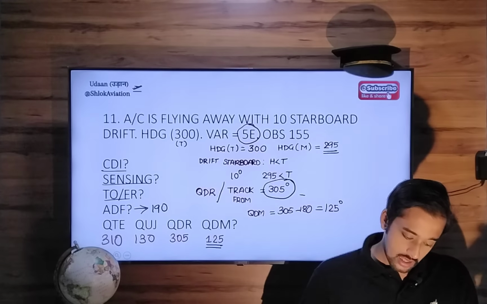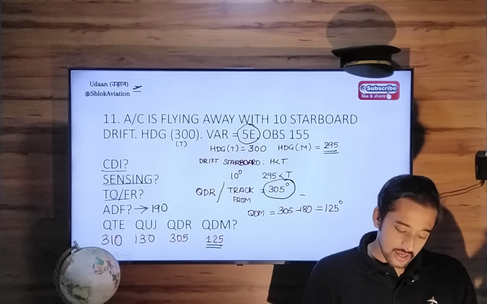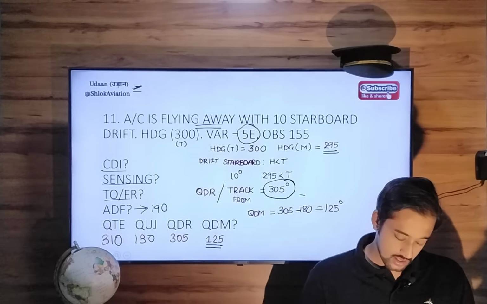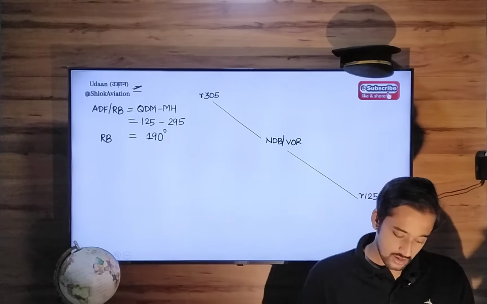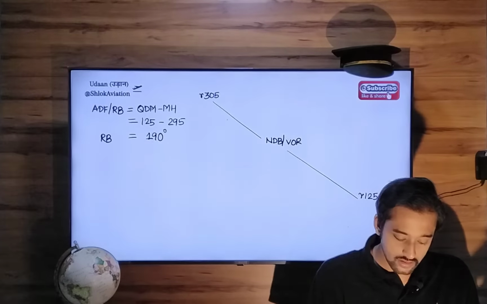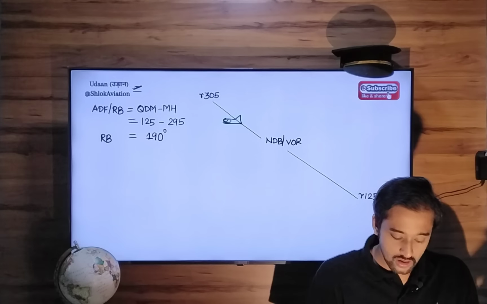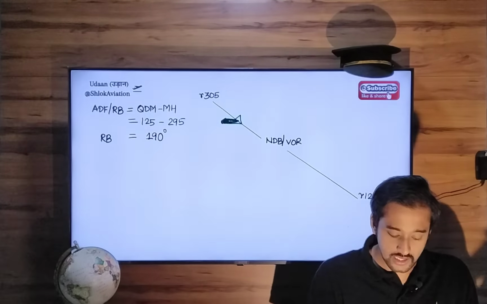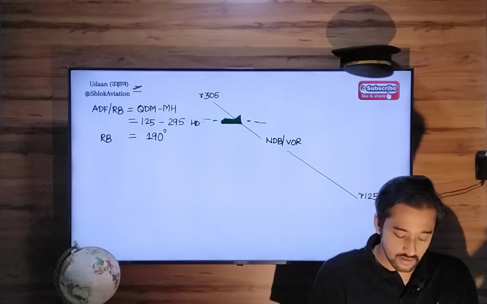Okay, and you are flying away. You are flying away from this station on a heading of 295.